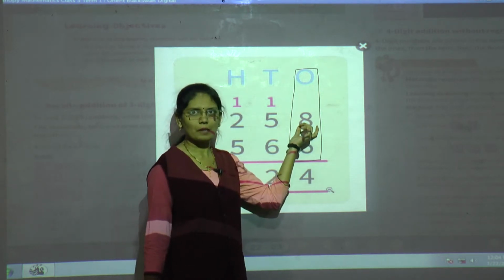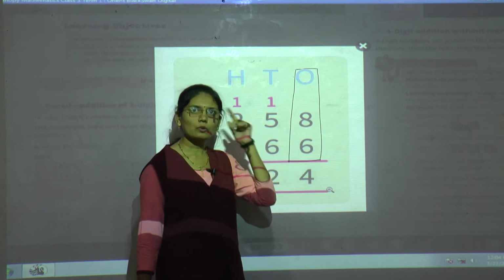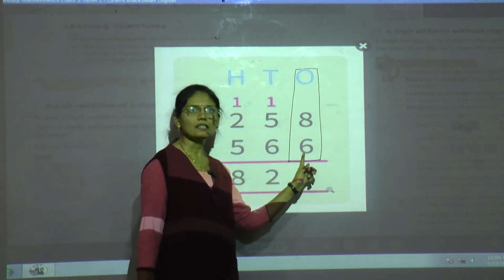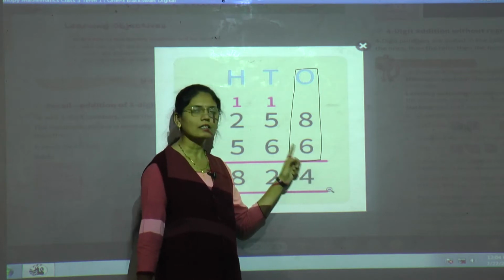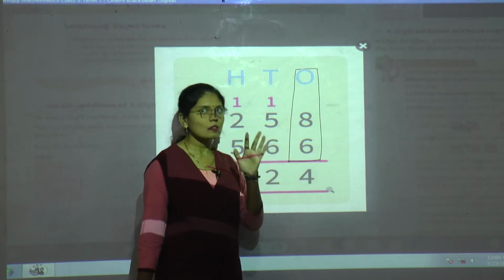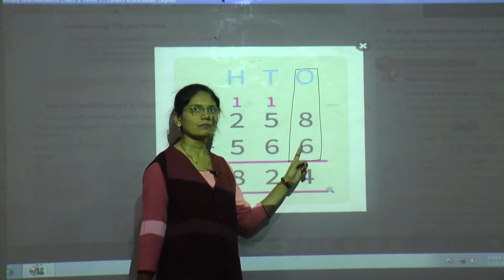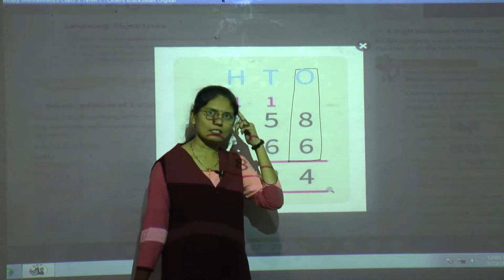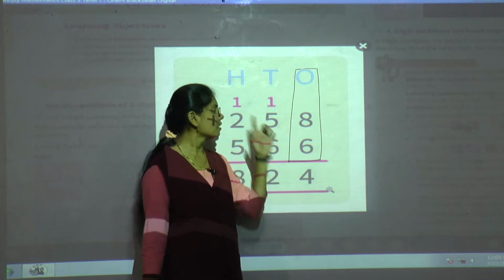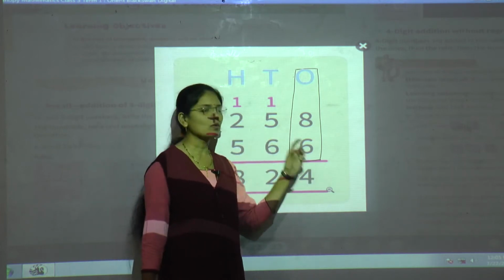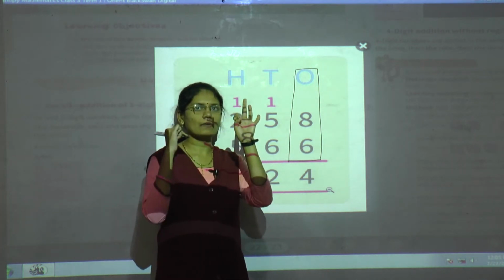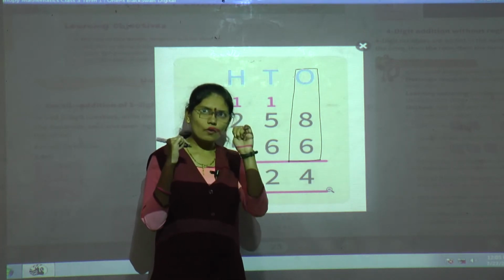This first number means this 8 you have to keep in your mind, yes, and the another number 6, this number you have to take on your finger. So take out your 6 fingers. Okay, now which number is there in your mind? Yes, in your mind 8 is there. Now after 8 count your 6 fingers. Yes, 9, 10, 11, 12, 13, 14.